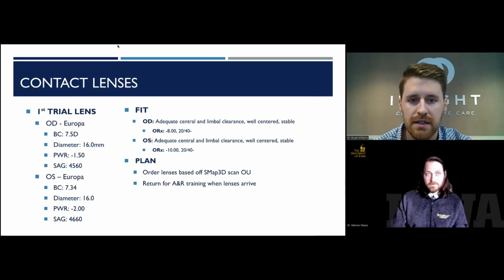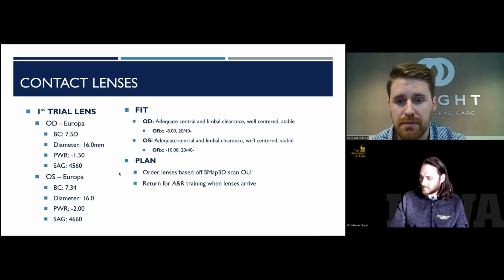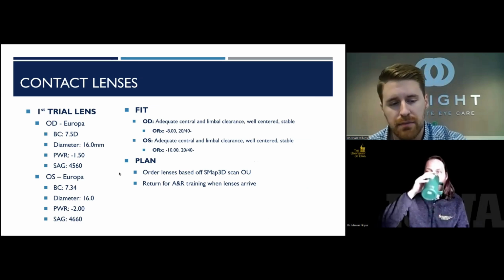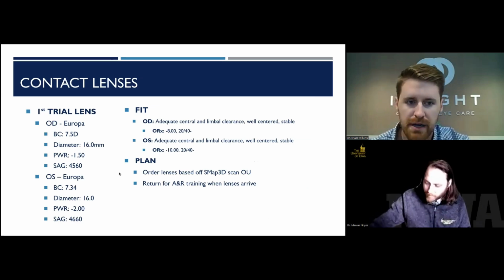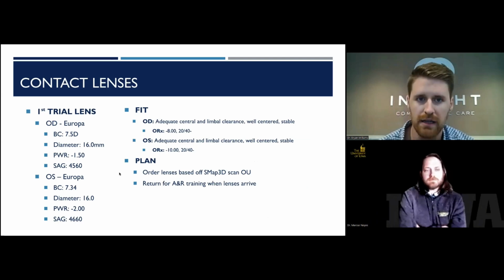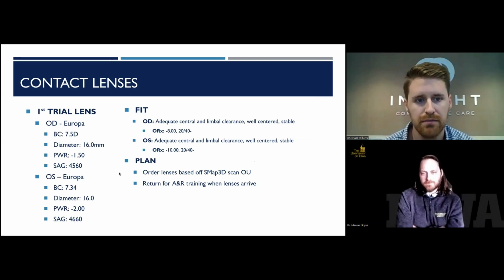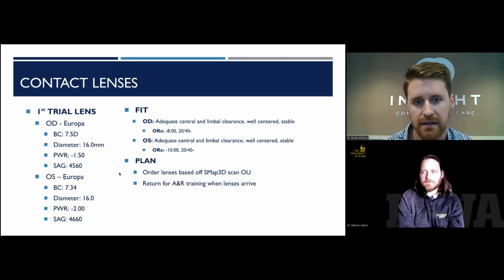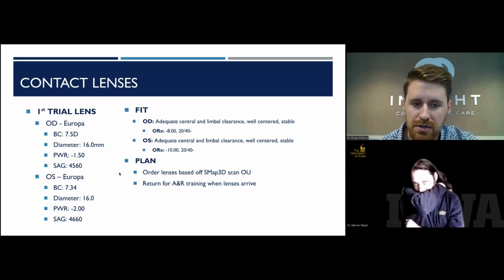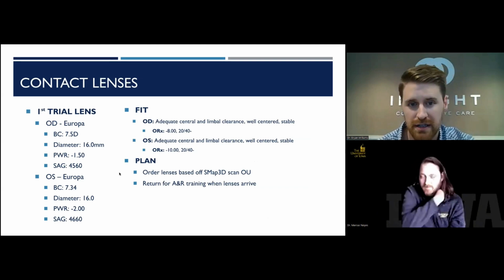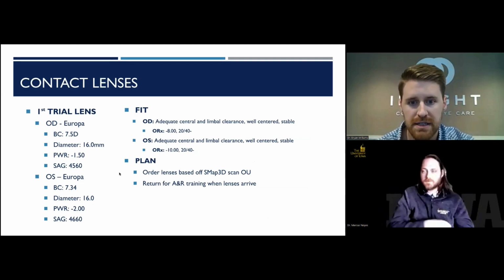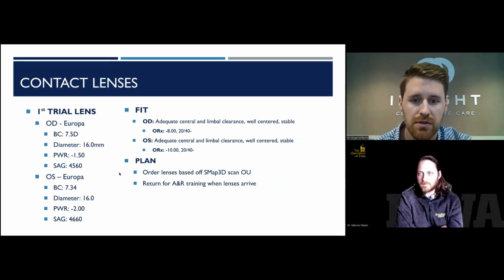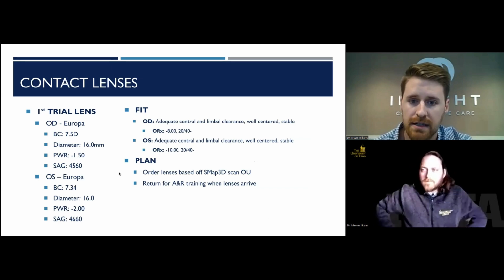So for the first lens we wanted to go with for this patient, she was driving in quite a ways. I usually give my patients the option, at least if I think I could get it pretty nailed either way, of a diagnostic lens fitting or a topography-guided lens fit. This patient was driving quite a ways and wanted to cut down on as many follow-up visits as possible, so we decided to use an SMAP-designed lens.